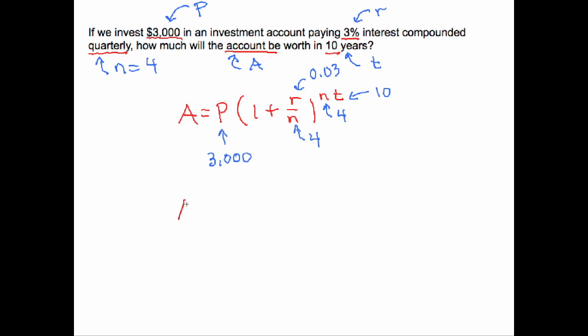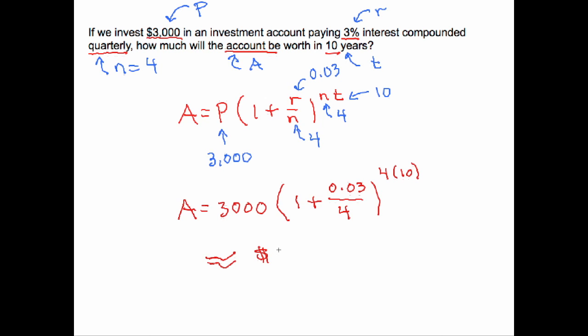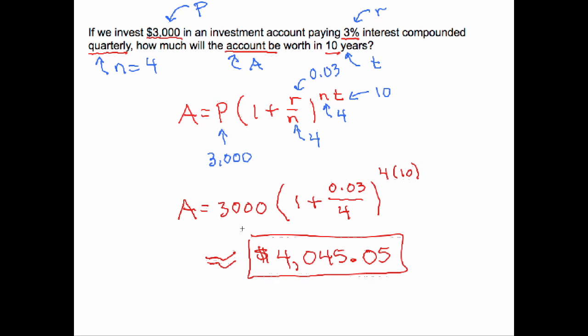It looks like we have our future amount equal to 3,000 times (1 plus 0.03 over 4) raised to the 4 times 10. And if I enter it into my calculator, this amount is approximately $4,045.05, rounded to 2 decimal places to give us cents. That's how much will be in the account in 10 years.